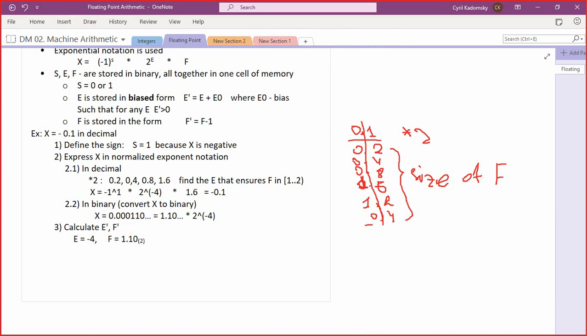So I add here just a reminder for you. We do all the following calculations in binary. So minus 4 in base 10 is minus 100 in binary.